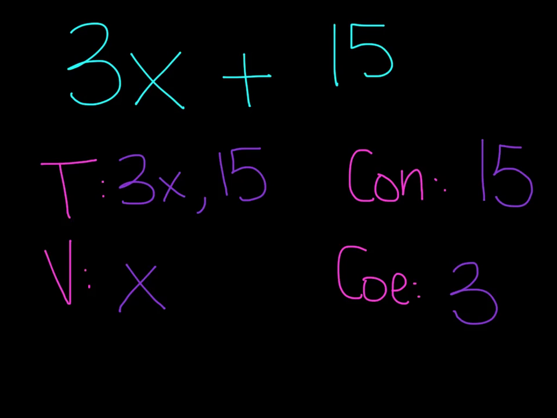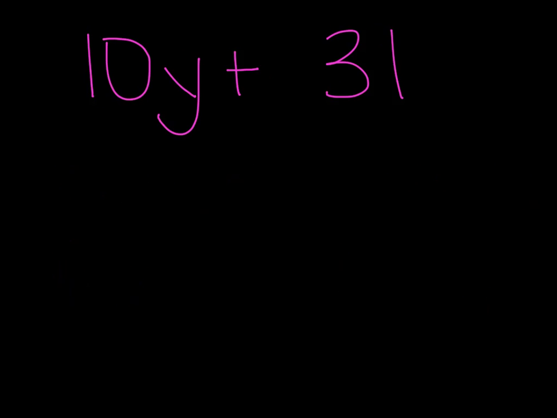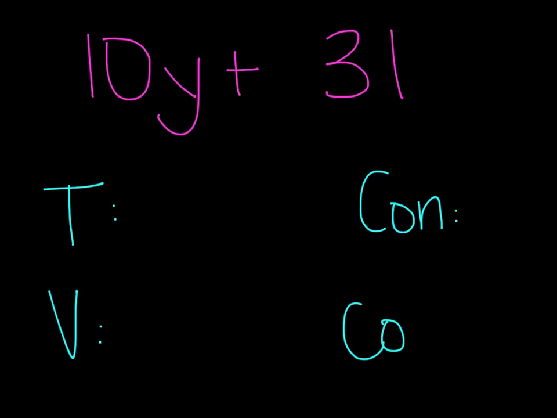Okay, let's take a look at another example here. This time I have 10y plus 31, and again I want to identify my terms, my variables, my constants, and my coefficients. So let's take a look at my terms here. Again, my operation sign is addition. It's separating two things.